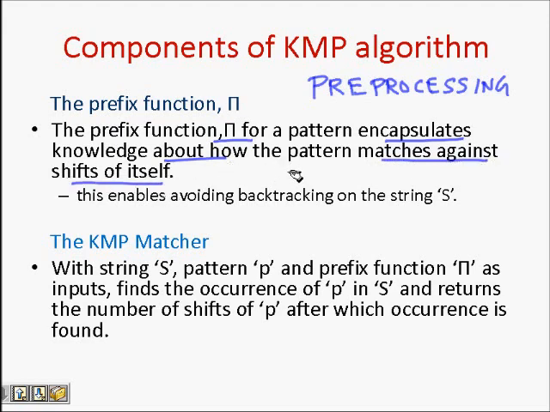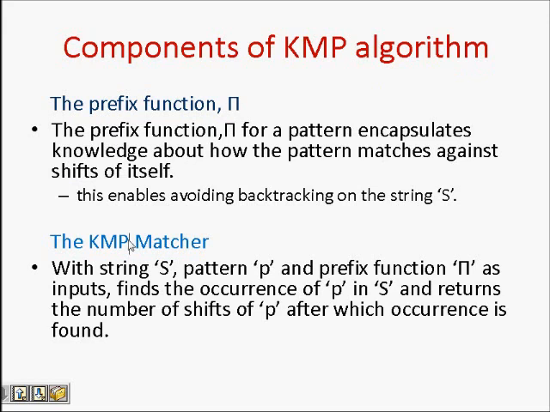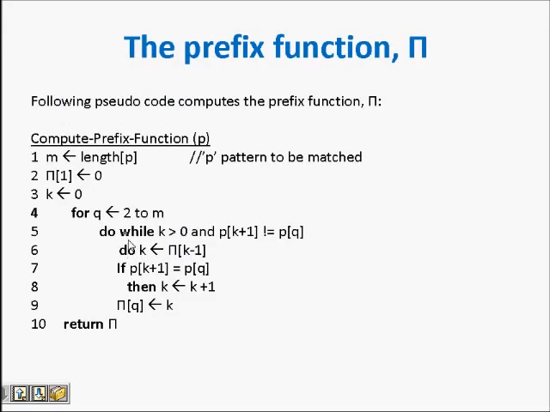We will see this with an example, but it basically says that the window, which moved by 1 in the naive algorithm, here we will try to move by a larger value, so that we can move the window faster and check whether the pattern is available or not. Everything becomes much clearer with an example. So this is the compute prefix function algorithm. We will first take one example and then come to this part.